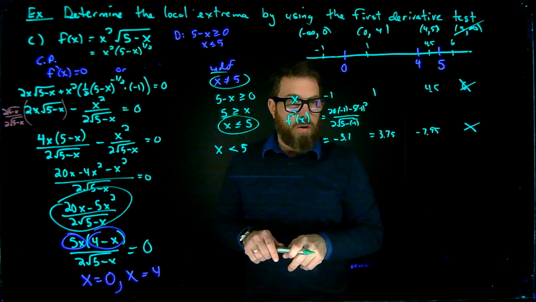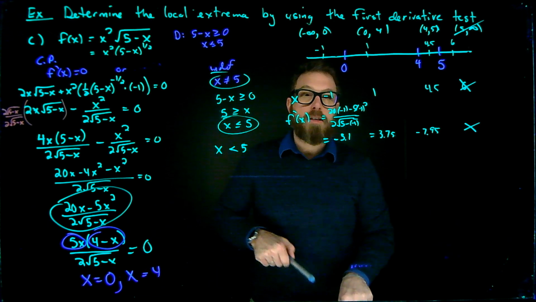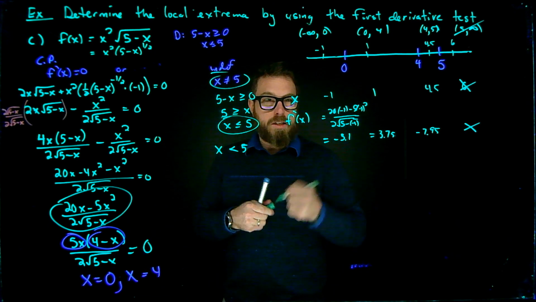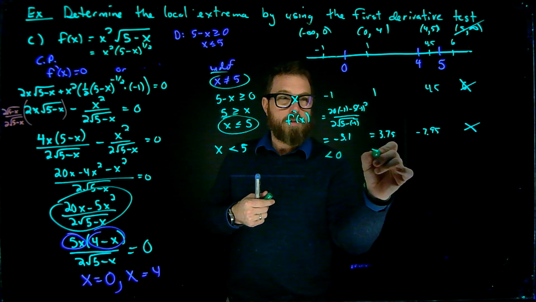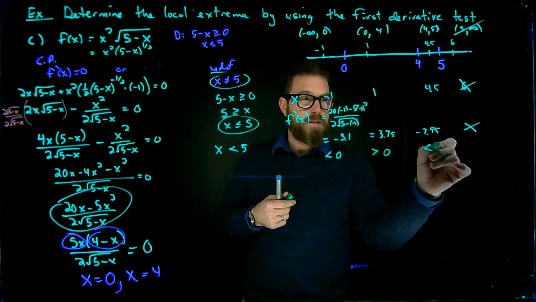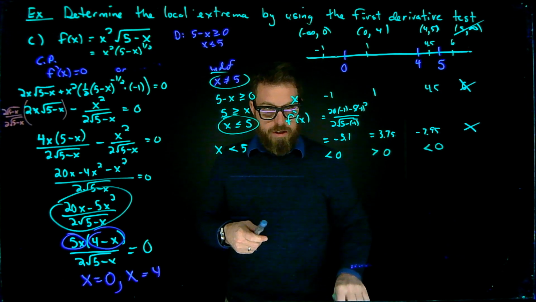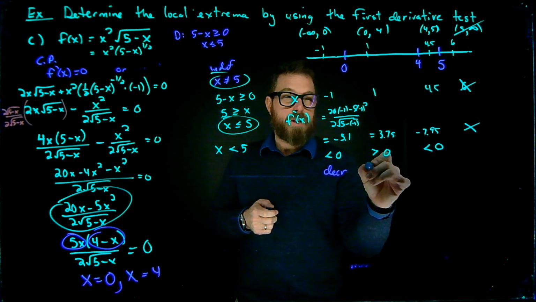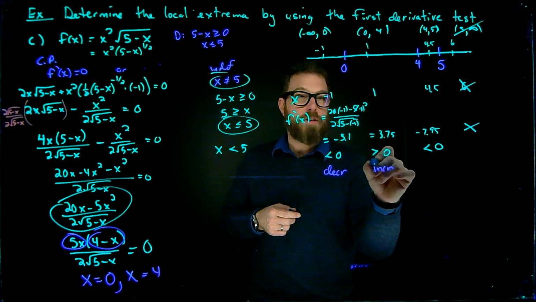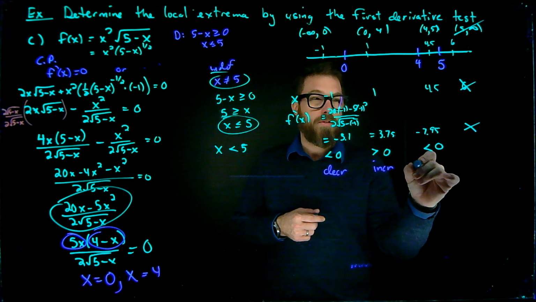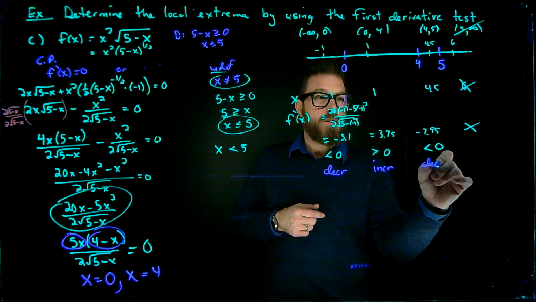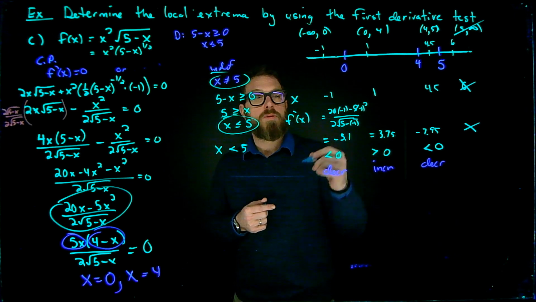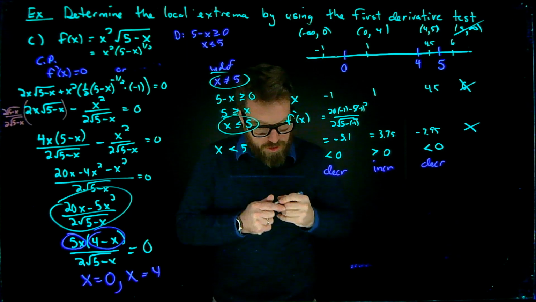All right, so what we have here is this thing is less than 0. This is greater than 0. This is less than 0. So being less than 0 means that we're decreasing. Its derivative is less than 0. This derivative is greater than 0, so the function is increasing. And then it's decreasing because the derivative is less than 0. So again, I should have done this in red.